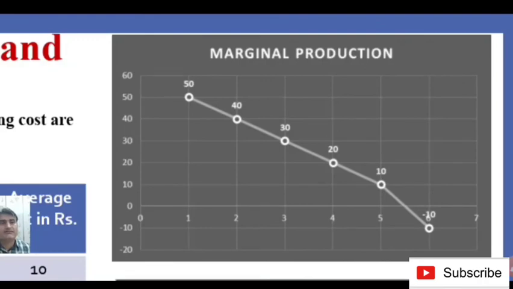By applying the third, fourth and fifth units the marginal production declines from 30 to 20, 10, and at last becomes negative, that is minus 10.